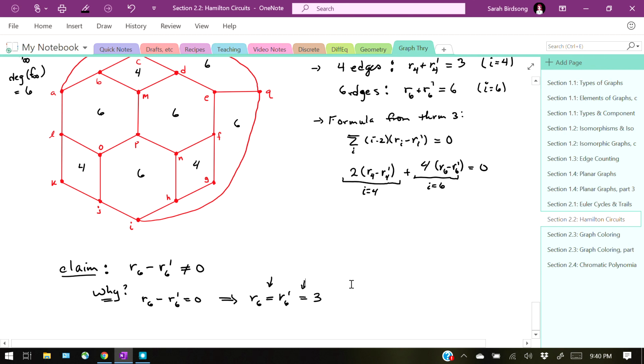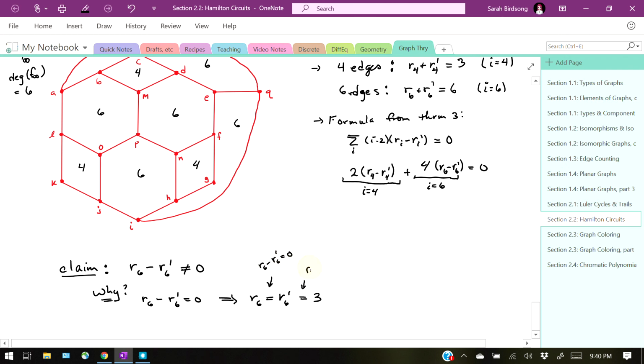Now, if we then look back to our formula, if this second term equals 0, and how would we know the second term equals 0? Well, if the difference of the R6s equals 0, that means this whole thing would obviously 0 out. So cross this off, it's gone. Then what would happen if 2 times the difference of the R4s equals 0? Well, that means this difference of R4s would have to be 0. So let me label where we're coming from. So this first one came from R6 minus R6 prime equals 0.